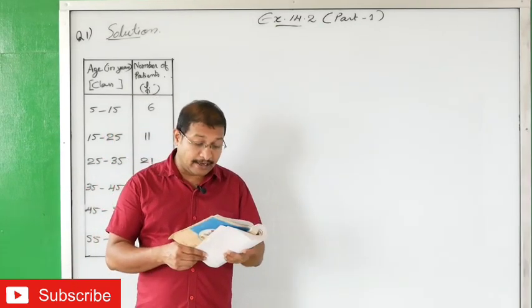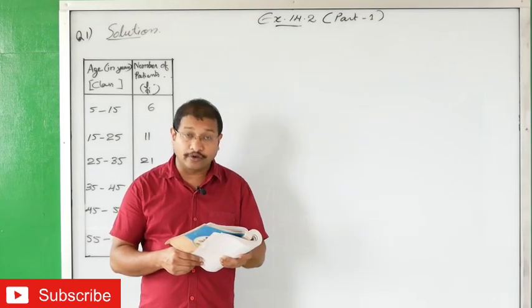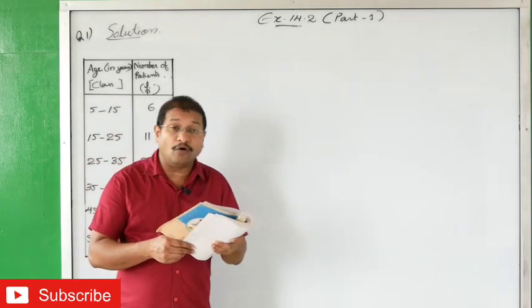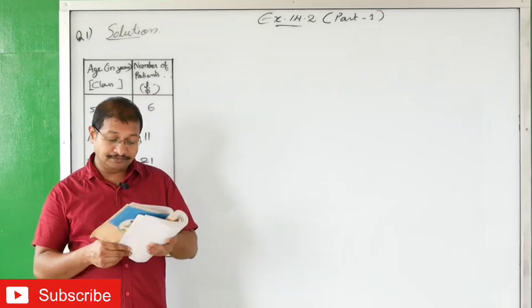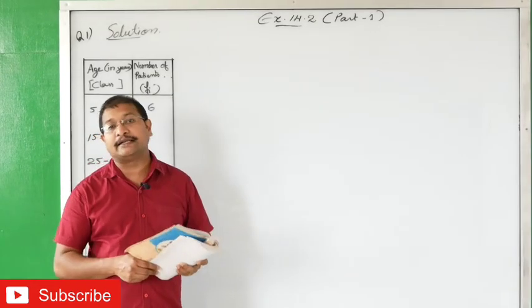Number of patients: 6, 11, 21, 23, 14 and 5. Now, find the mode and the mean of the data given above. Compare and interpret the two measures of central tendency.